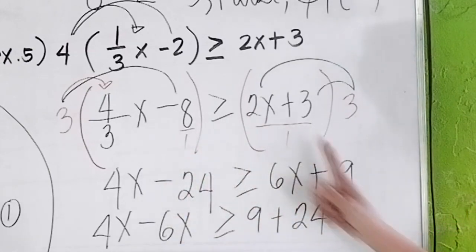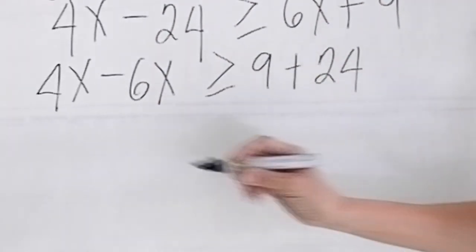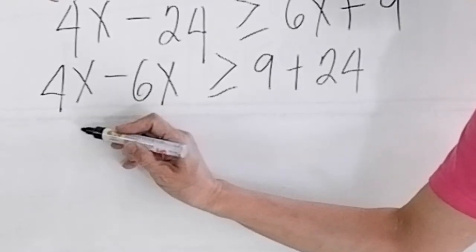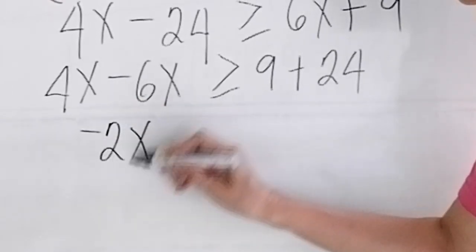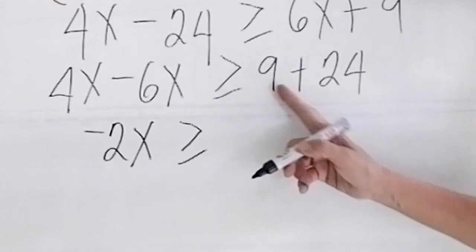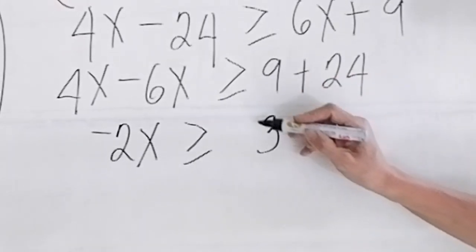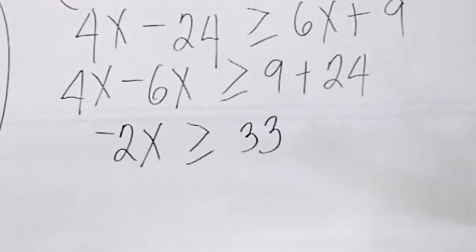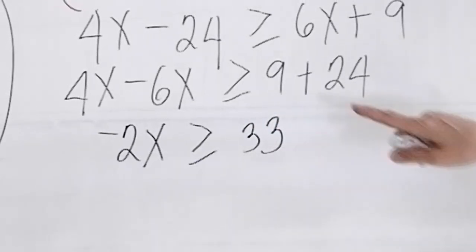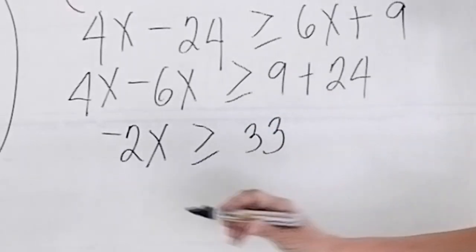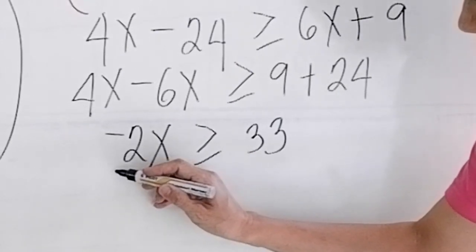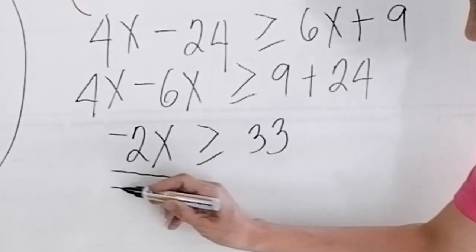Negative 24 is transposed to the other side. It becomes positive. 4x minus 6x is negative 2x. Is greater than or equal to 9 plus 24. Is now 33. Is that correct? 9 plus 24? Yes, 33. And then you divide both sides by negative 2.